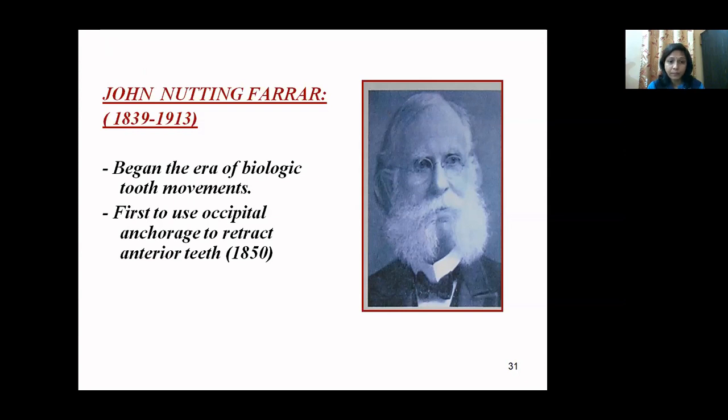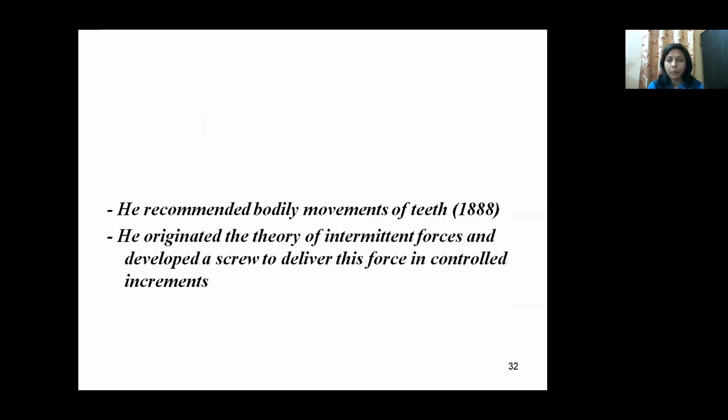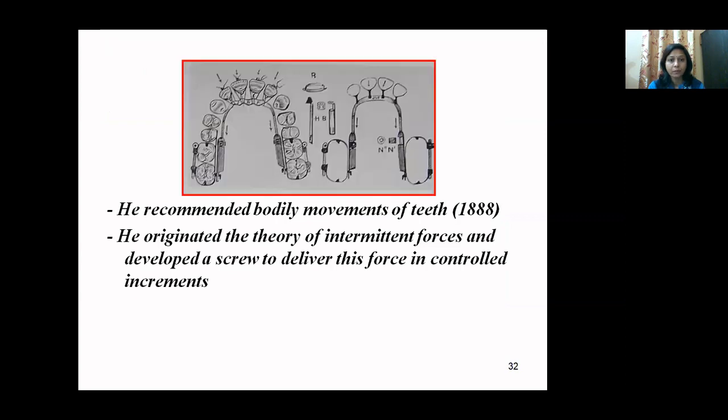So he was first to use the occipital anchorage to retract the anterior teeth. He recommended bodily movement of teeth and also gave the theory of intermittent forces and developed a screw to deliver this force in controlled increments. So these are the appliances which he used.